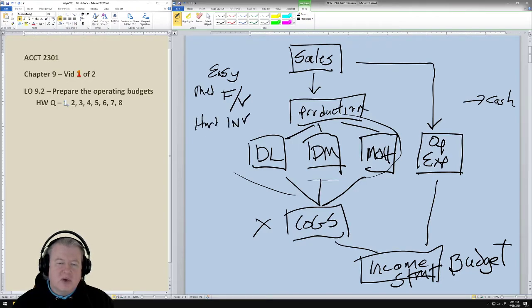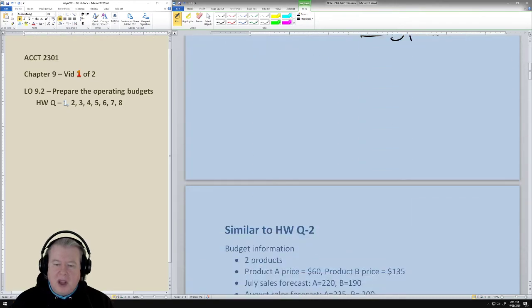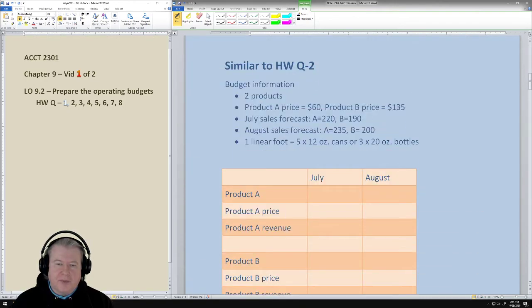And when you have inventory, it makes it a little bit more complicated. So just FYI, the production budget and the direct materials budget, these two have to deal with inventory. And as we go through, you'll see what I mean by there's basically kind of three styles of budgetary calculations. Okay, well, let's go to the first one here.